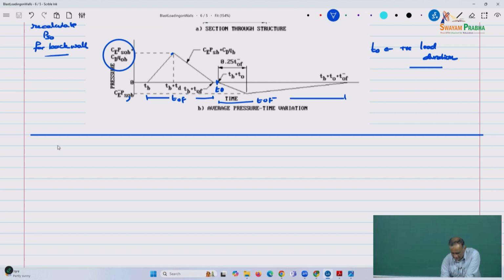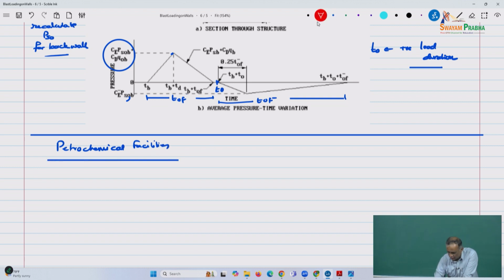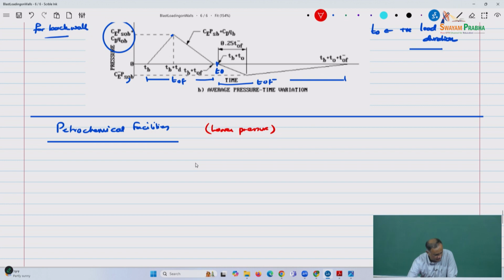Now for petrochemical facilities, you tend to have lower pressures. You still have the side-on, you also have the reflected pressures, drag, all those still exist.